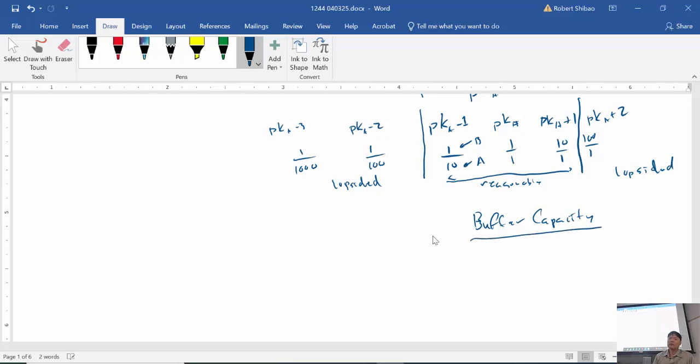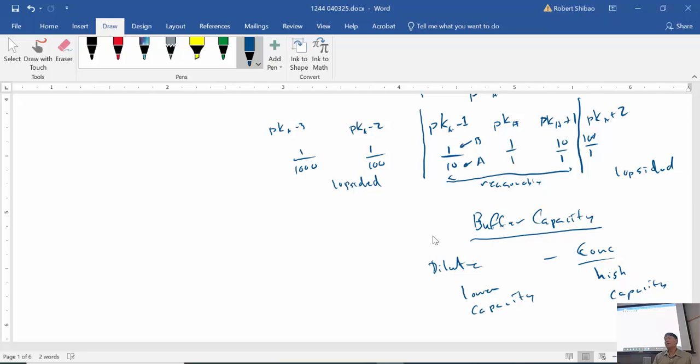The same thing with buffers. If you buy a cheap buffer, it's going to be very dilute, as opposed to concentrated. The more concentrated, the higher the capacity. The more dilute, the lower the capacity.